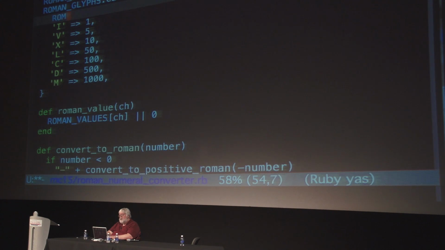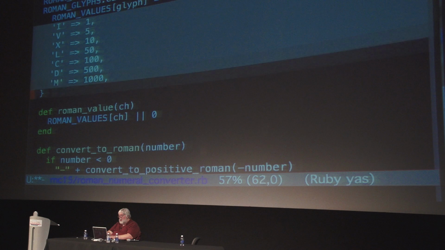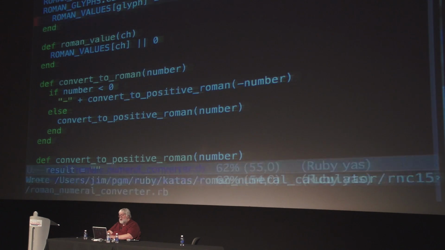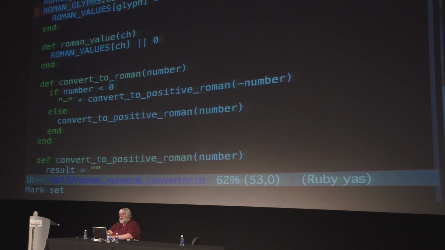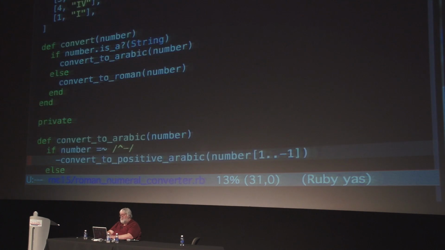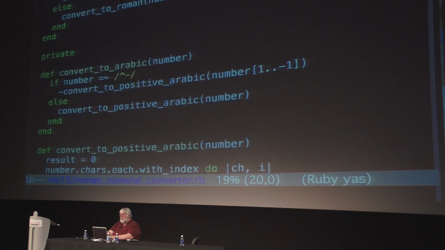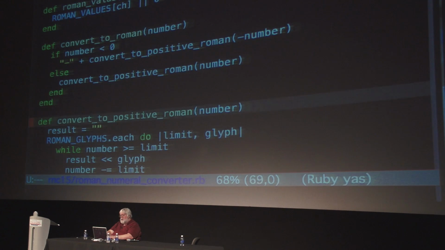And let's populate the Roman values hash based upon the glyph with the limit. So here I create an empty hash, and then I iterate over the existing glyphs that were defined up here, these guys. I iterate over those and use that to populate the hash.